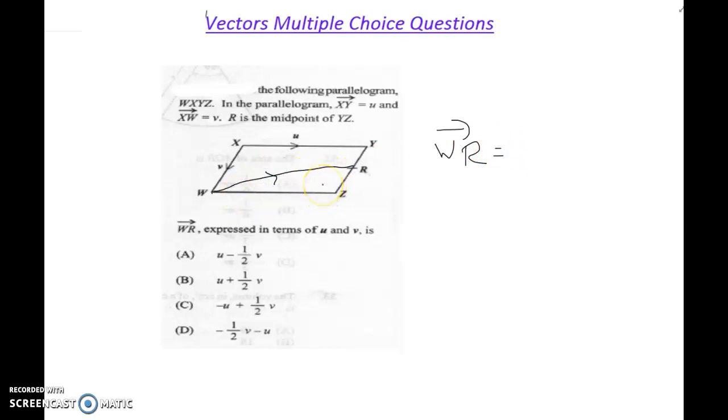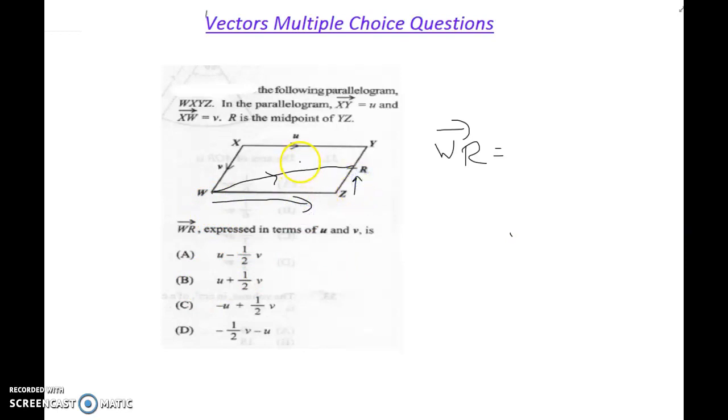Now, to get to WR, how are we really going to get there? Look at the diagram carefully. I would say the easiest way to get to WR is to start from W here, go this way, and then come up here.